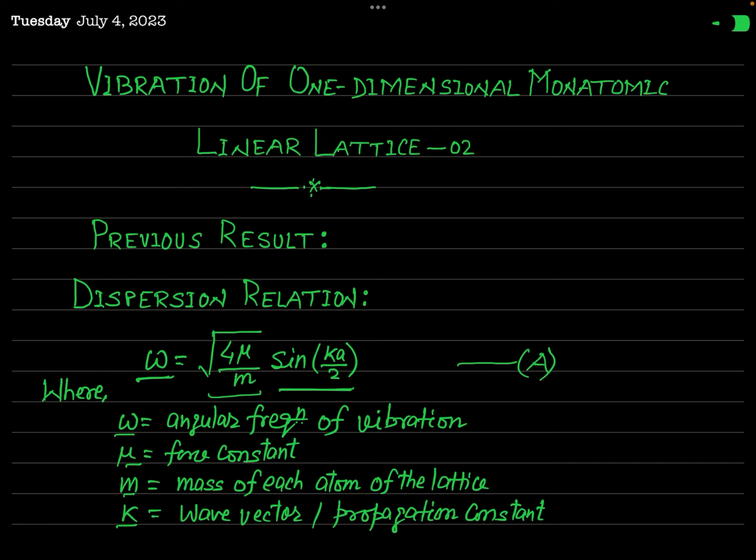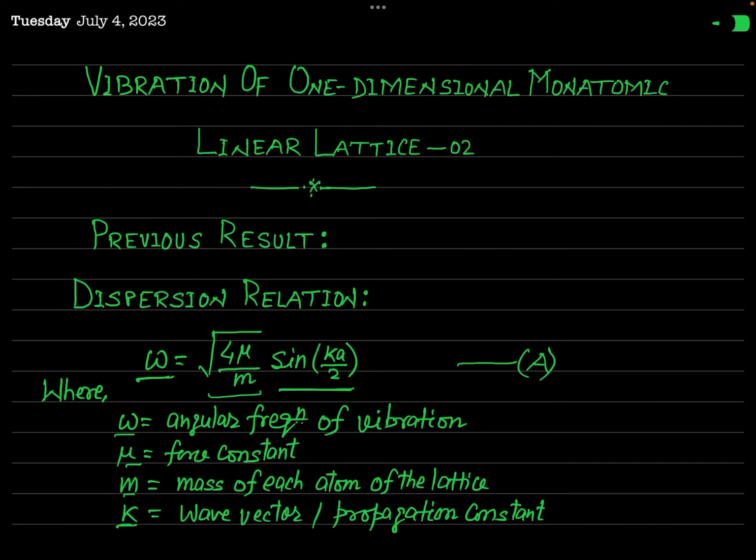This symbol denotes the wave vector, or you also call it the propagation constant, or angular wave number. So what the different quantities in this expression refer to, you can see here.